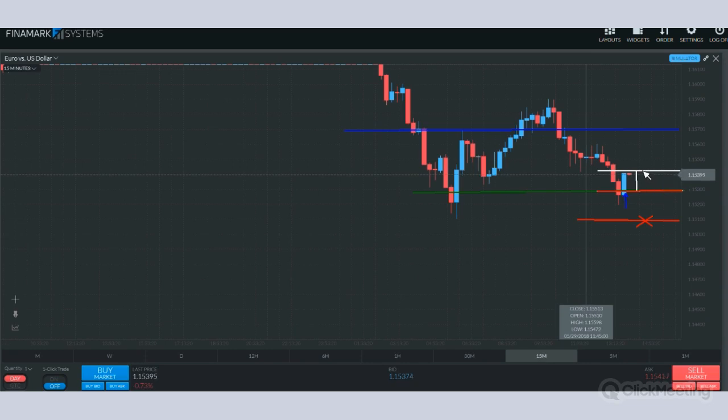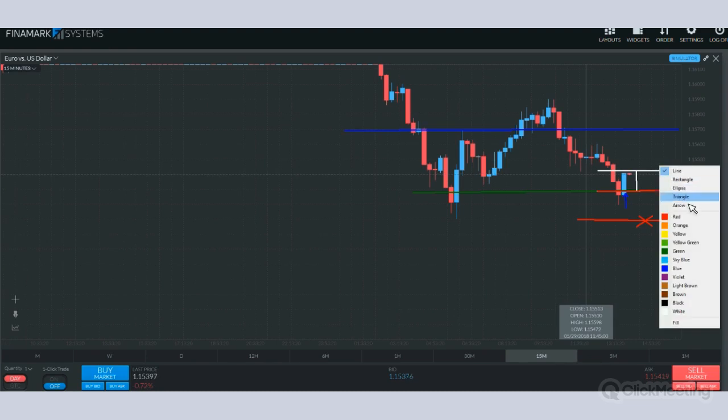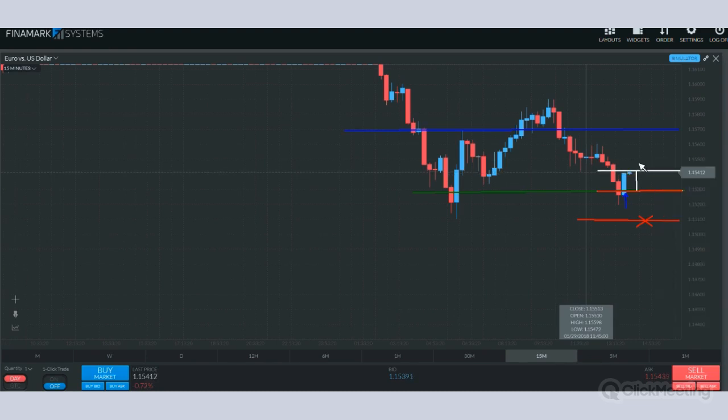So if we reach this 10 pip mark up here near that 1.1540, and then all of a sudden price benchmarks a new high, and we're up here near the 1.1550. Well, guess what? If we've gone up another 10 pips, we're going to watch our trailing stop also move up another 10 pips.